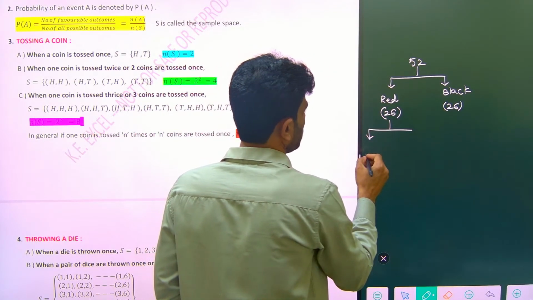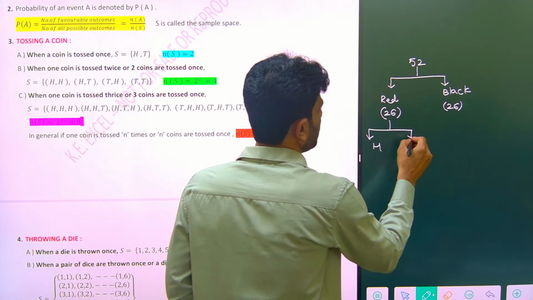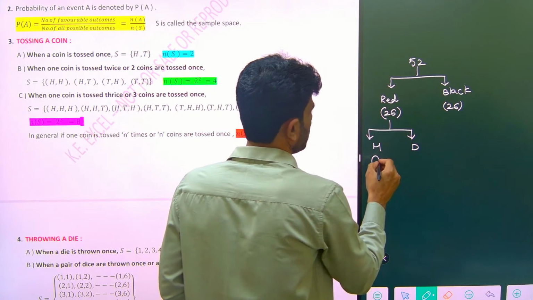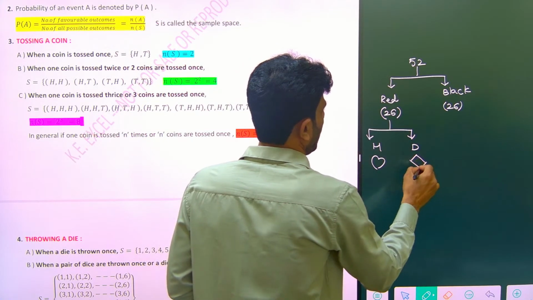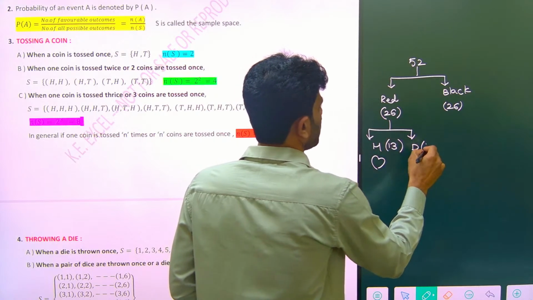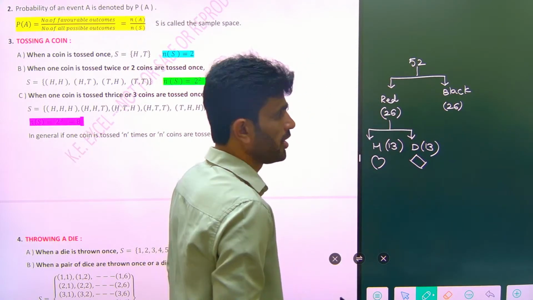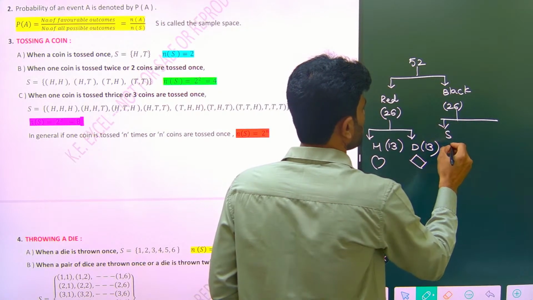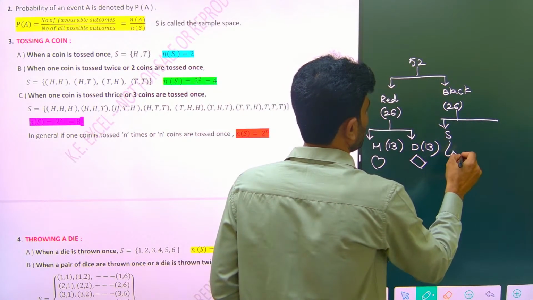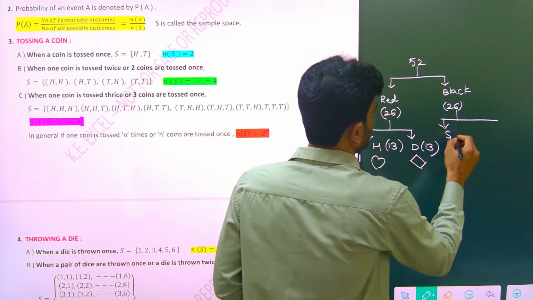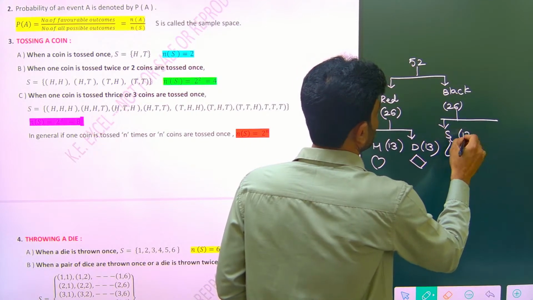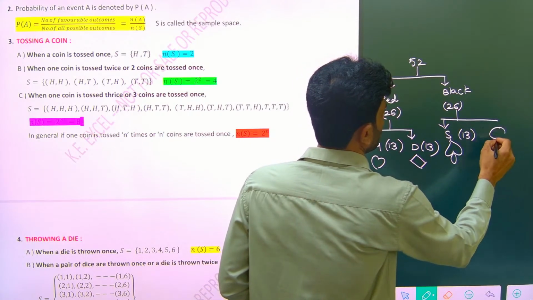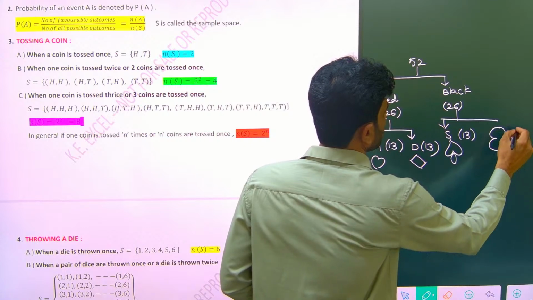Hearts and diamonds. Hearts 13. Diamonds 13. Again, black also we have spades and clubs.